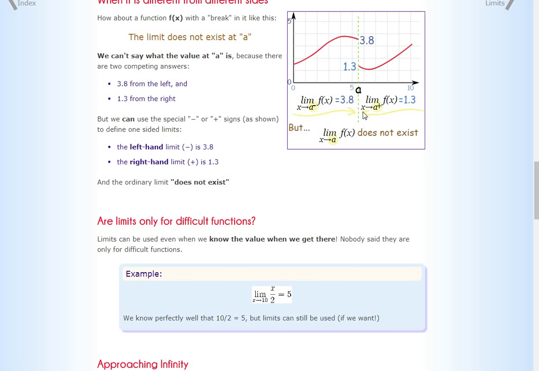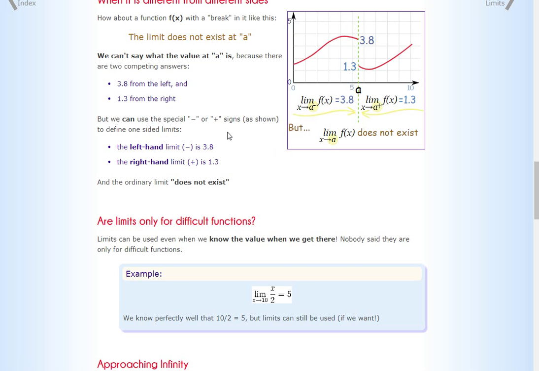The limit as x approaches a from the positive side means you're going to find the limit approaching from the right. You can see it tells you that here too. So 3.8 from the left, 1.3 from the right. We're using that negative symbol as an exponent for the left, and that plus symbol for the right side. And then the ordinary limit, with no symbol, does not exist.